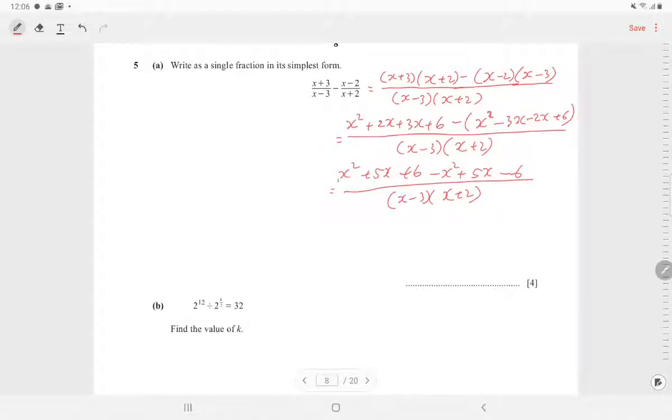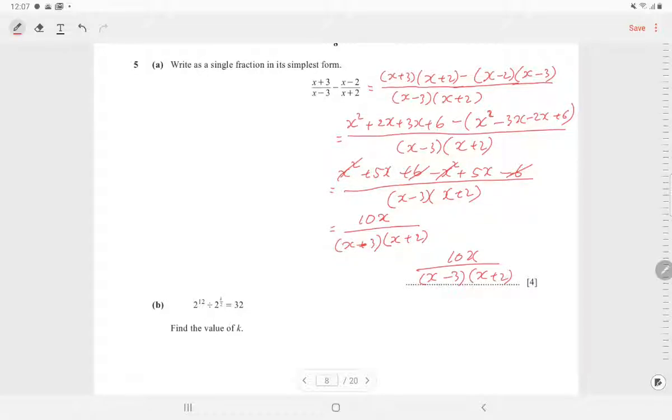So x squared minus x squared is gone, 6 minus 6 also gone. So we have 10x over x minus 3 times x plus 2. So the answer is 10x over x minus 3 times x plus 2.